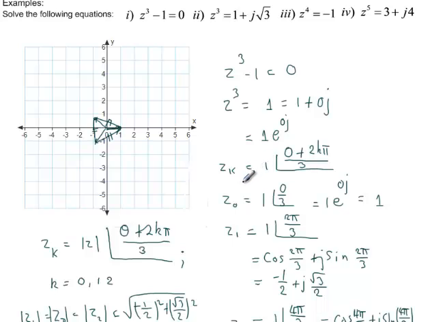You are calculating root n. You get the individual roots. Those roots form vertices of a regular polygon of n sides. That's also a fact which you must know.